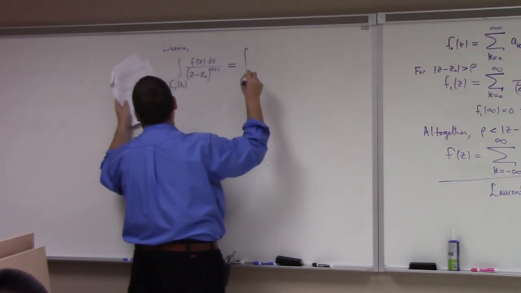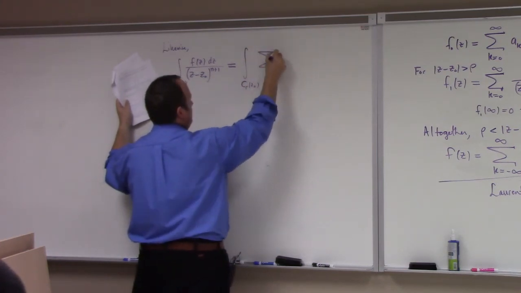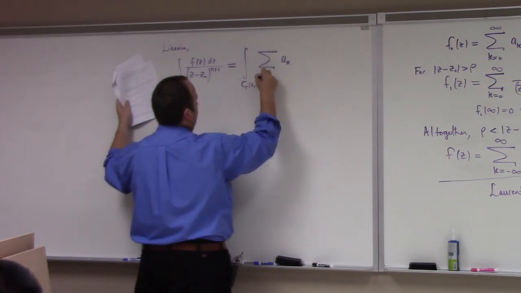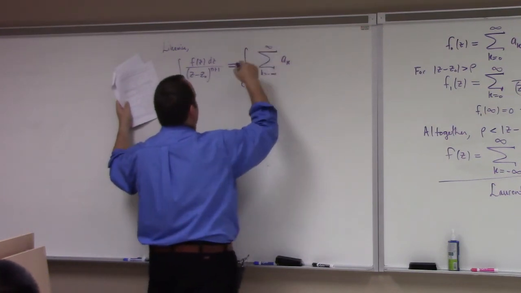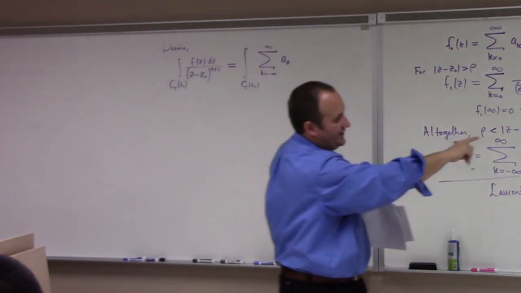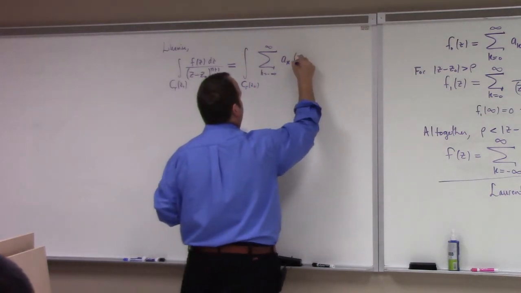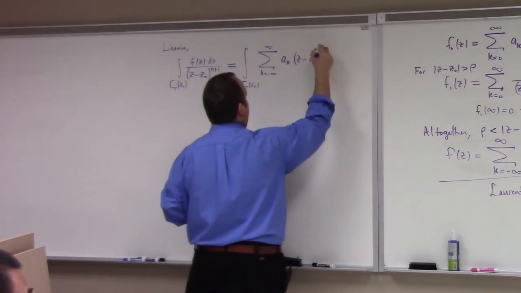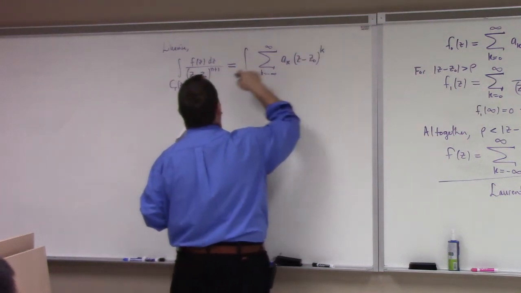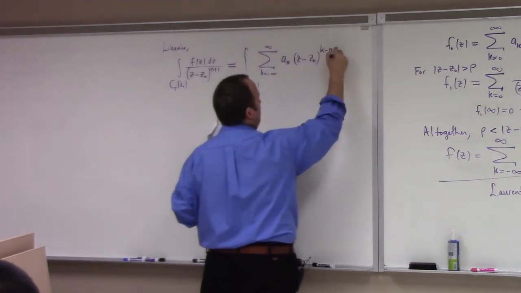And then you trade f for its Laurent series. So you've got a sub k times what? So this time, we don't just have z minus z naught to the k, we have z minus z naught to the what? k minus n minus 1, right?